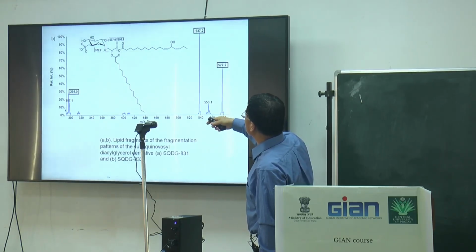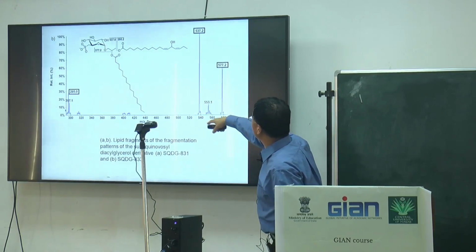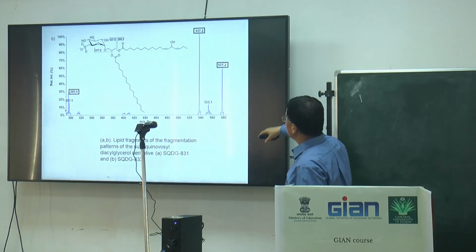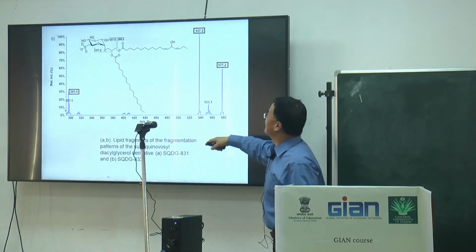If you break it down in different parts, each part gives you a different molecule, but the total is like 832, when we calculate.